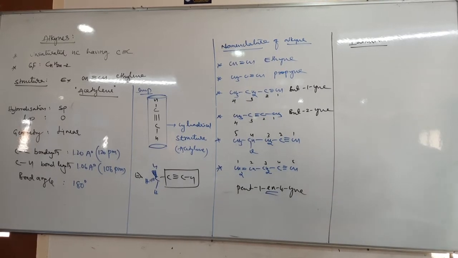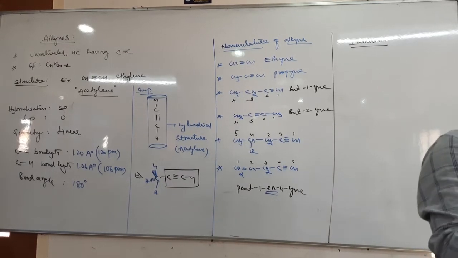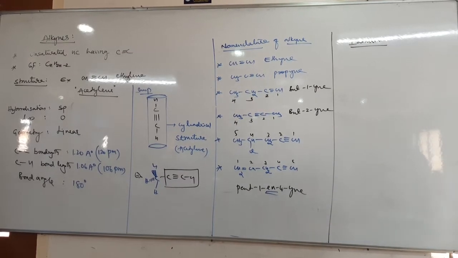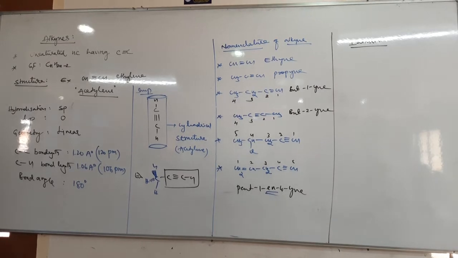1. Structural. 2. Geometrical. 3. Optical. Yes or no? So structural, geometrical, optical, these three isomerisms we have studied in alkene. Now tell me, alkyne. Alkynes can also exhibit the same isomerism except geometrical.